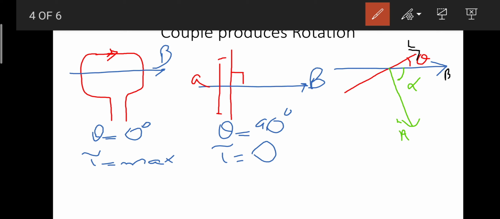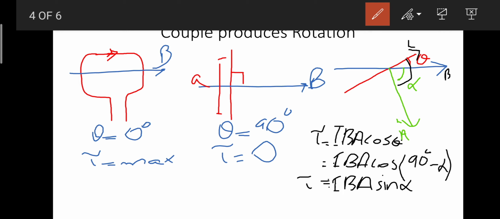Now consider that this whole angle is 90 degrees. If I write the equation, tau is equal to IBA cos theta. To get the value of theta, I know that this L and A are at an angle of 90 degrees completely.